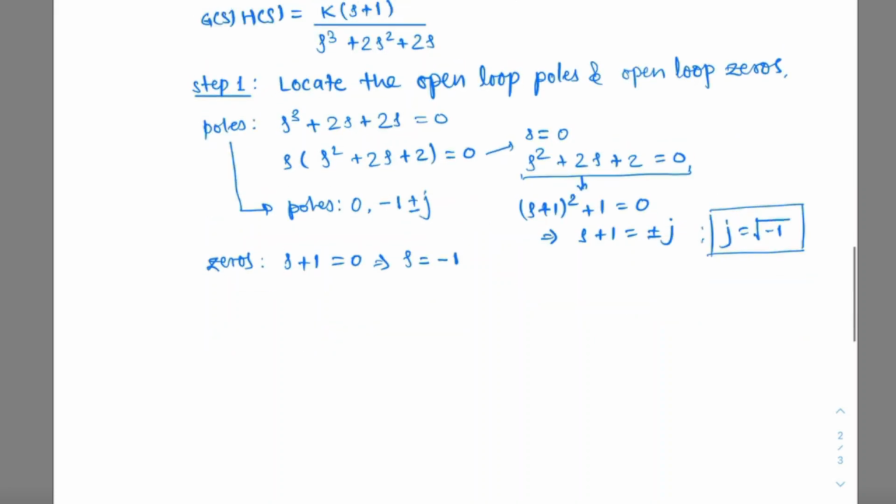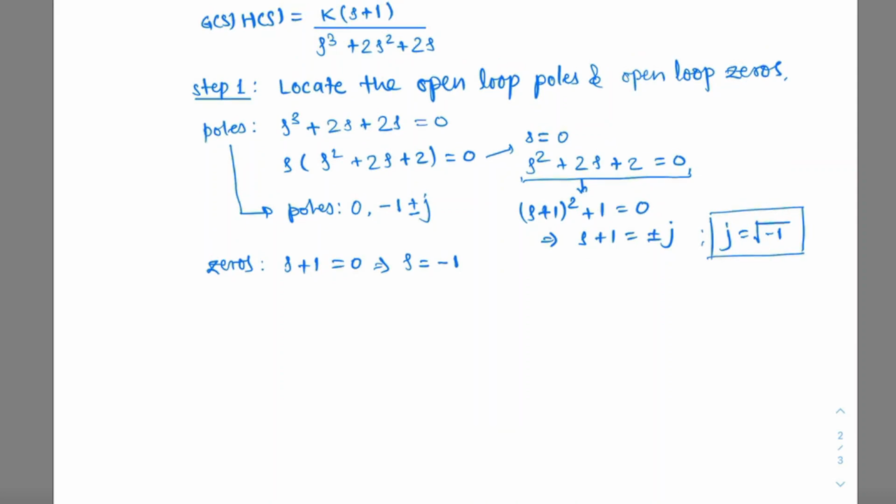So let us draw the real axis and the imaginary axis, and let's mark the zeros. So let us mark this length as 1. So one pole is at 0.